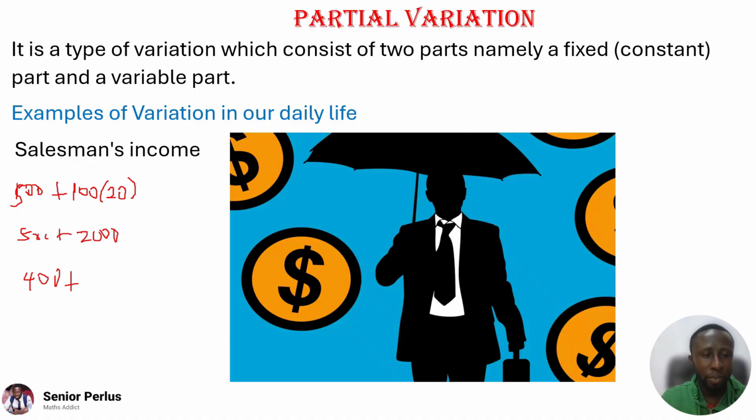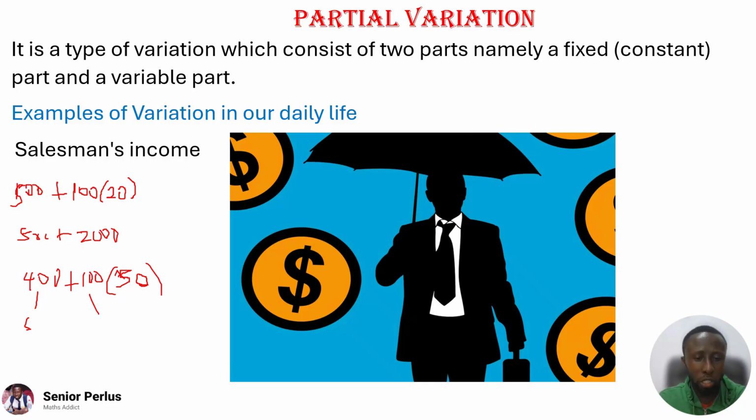Then if you're able to get one person, the amount is, let's say, 100 Ghana cedis. Within a month you're able to get 50 people to join the bank. So this is our fixed part, and this is our variable part. This is called the partial variation.